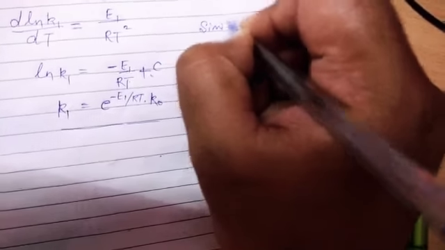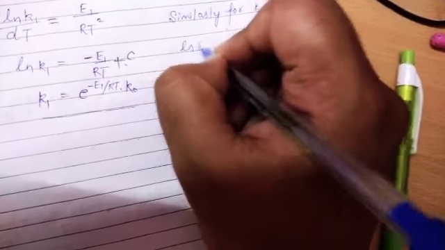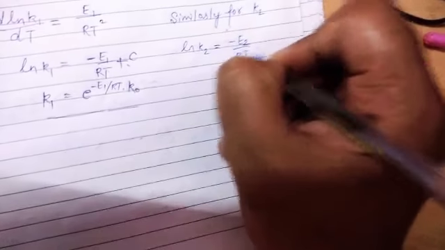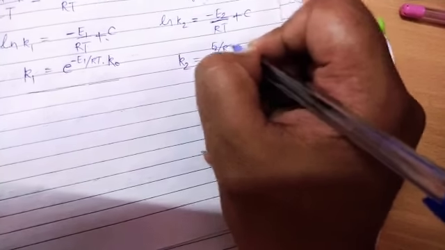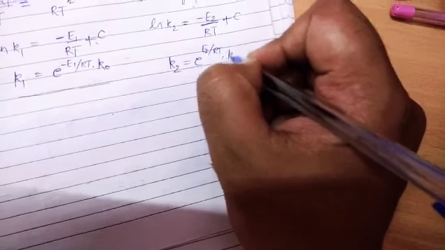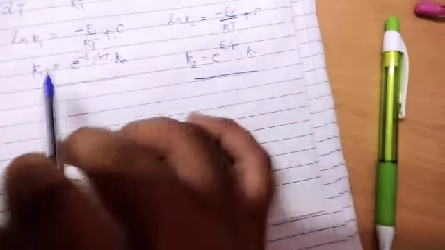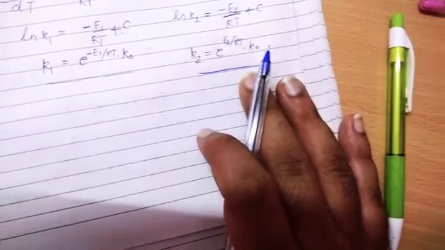Similarly for k2 we can write ln k2 is equal to minus E2 by RT plus C, and we will get k2 is equal to k0 times e to the power minus E2 by RT. And on dividing one equation by the other, we can get it in the standard logarithm form again.